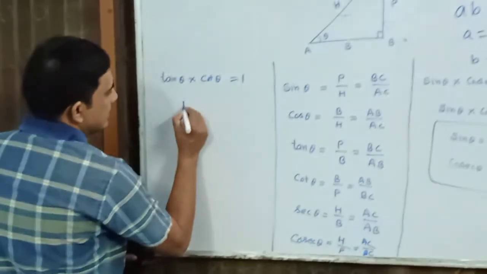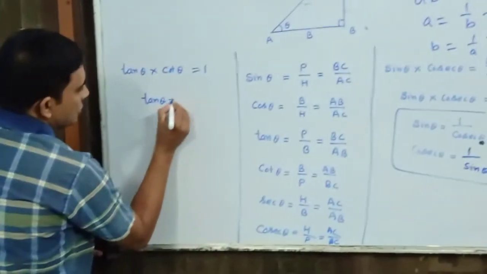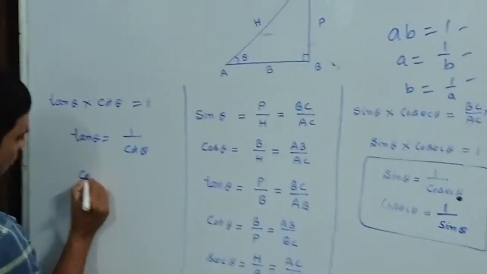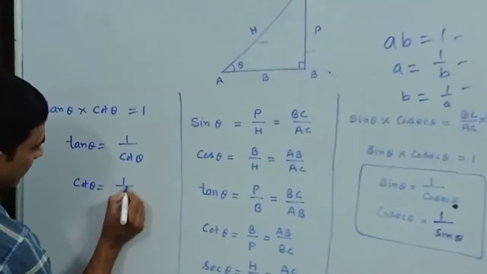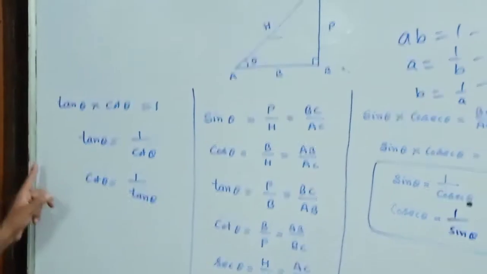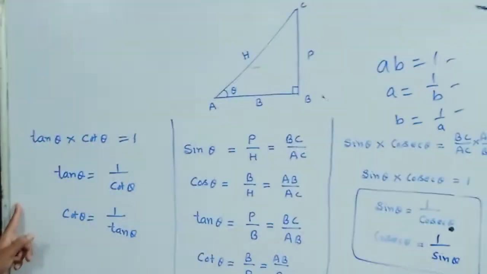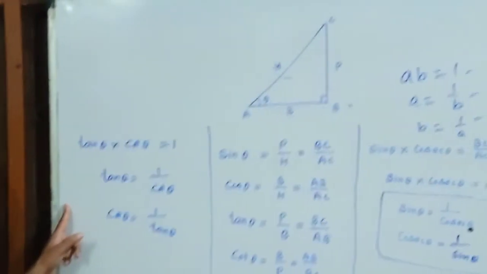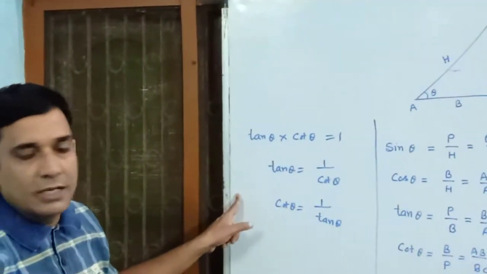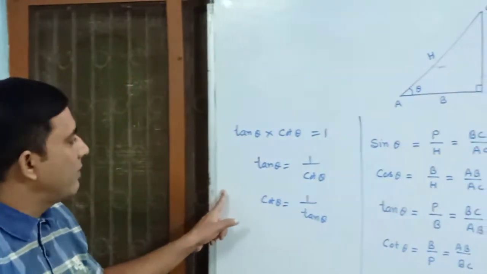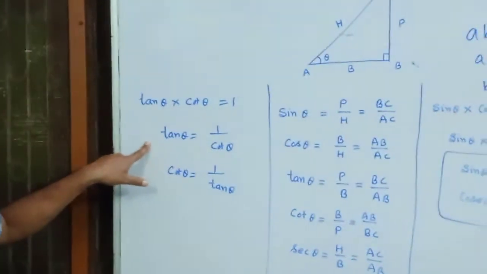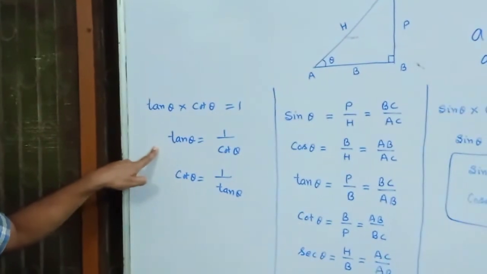And from here we can say tan theta is equal to 1 upon cot theta and cot theta is equal to 1 upon tan theta. So tan theta and cot theta are reciprocal to each other, or multiplicative inverses of each other. If tan theta is equal to 5, then the value of cot theta will be 1 by 5.